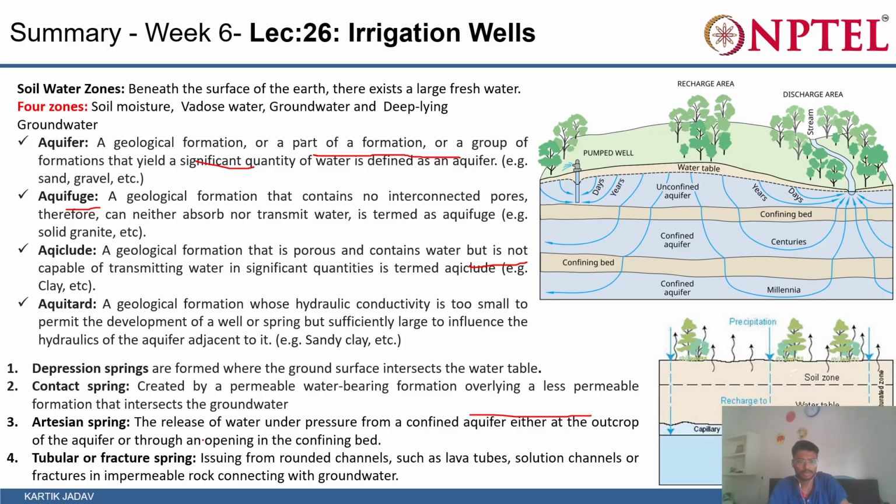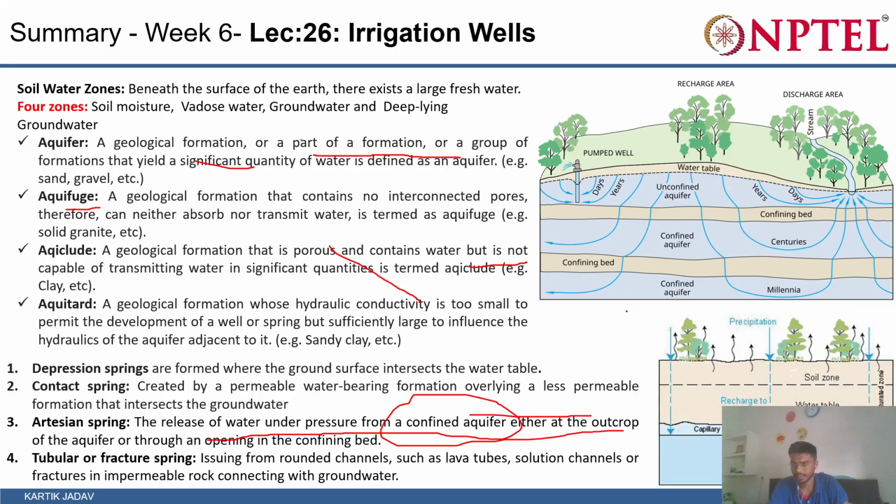An artesian spring releases water under pressure from a confined aquifer, either at the outcrop of the aquifer or through openings in the confining layer. The final one is a tubular or fracture spring.